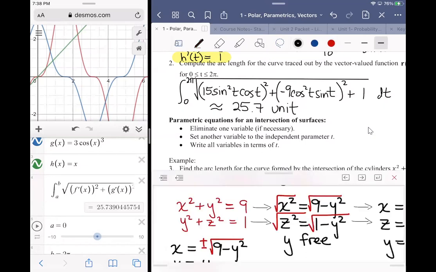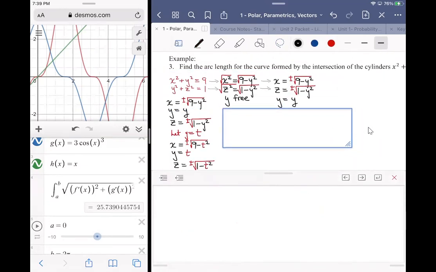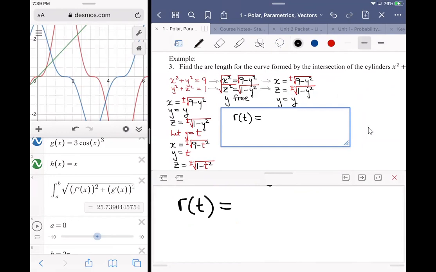So I would let r of t be equal to. Now, the big question is, do I want to work with the plus or minus? Do I want to work with just the plus, just the minus, both of them at the same time?